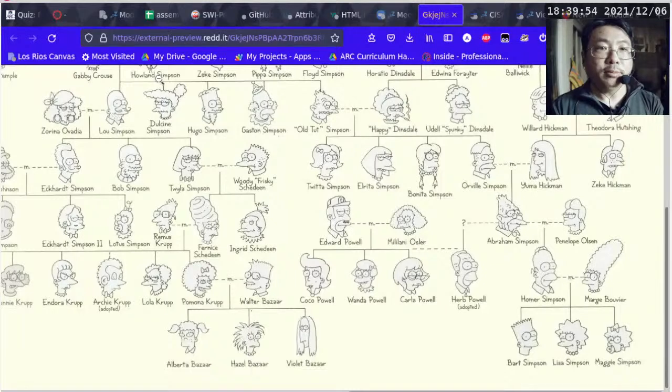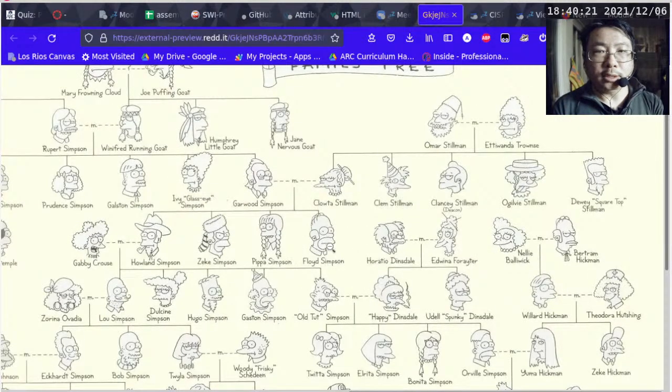But at the same time, Bart and Lisa are not fourth cousins, because they also have earlier, quote unquote earlier, shared parents or shared ancestors. That is why I said, do not have any common ancestor between the people that you're trying to establish cousinship, and the one common ancestor at the right level.